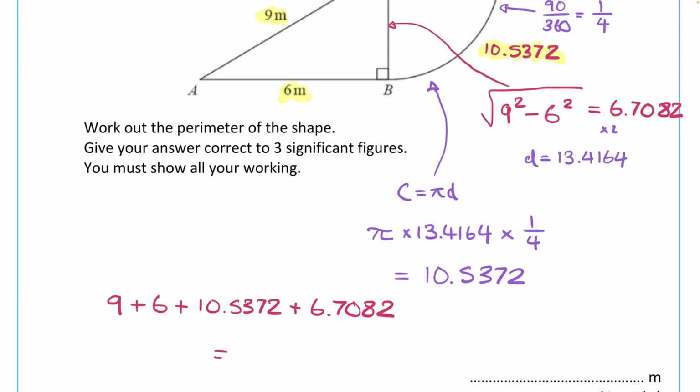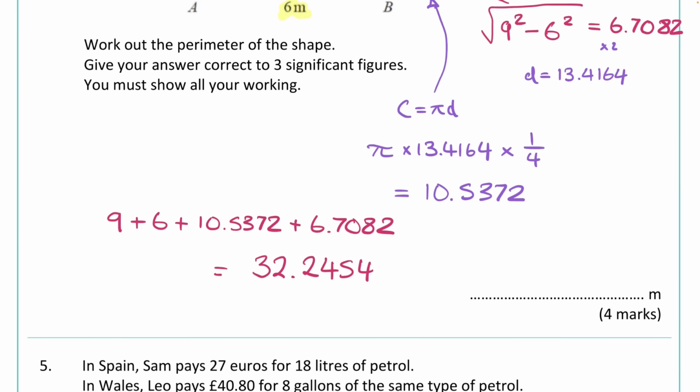It is going to want me to round the answer, of course, but I'm going to type them in, 10.5372 plus 6.7082, and that gives me 32.2454, and we want to round that to 3 significant figures, so 32.2 metres. And there we go. There is my final answer for the perimeter.